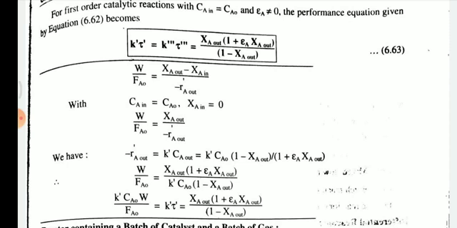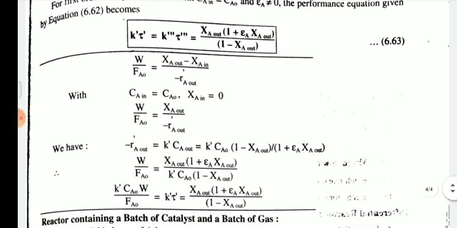So the remaining term is Xa out divided by Ra dash out. What will come in place of Ra dash? Ra out.